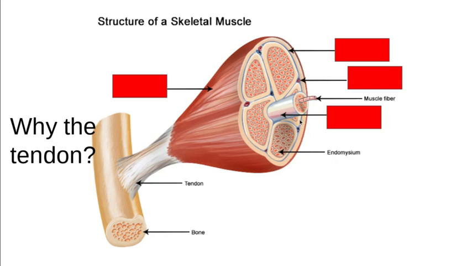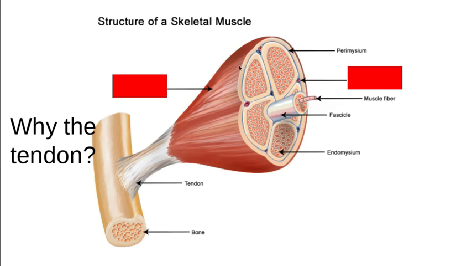And then you have lots of these muscle fibers grouped together, and this group is called a fascicle. And then this fascicle is surrounded by a different connective tissue, and that is shown by this little guy, which is the perimysium.